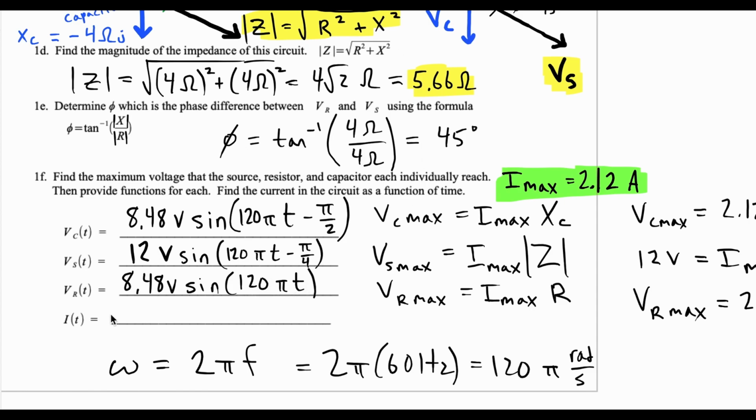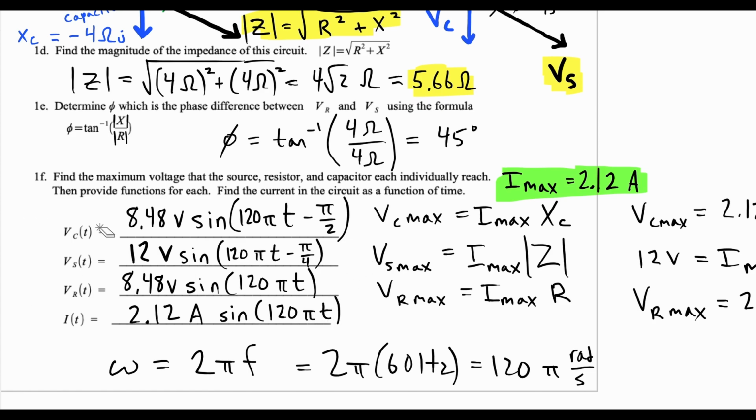Alright, and that should do it. When it comes to the current, we want the max current that we found, 2.12 amps. And this will be in phase with the resistor voltage, according to what we had looked at previously.